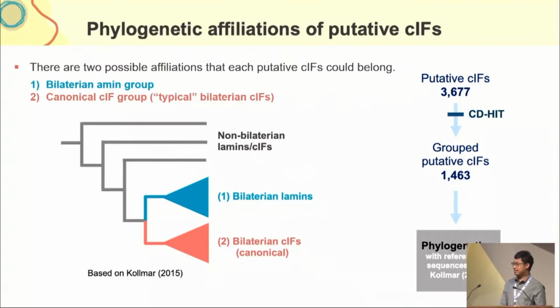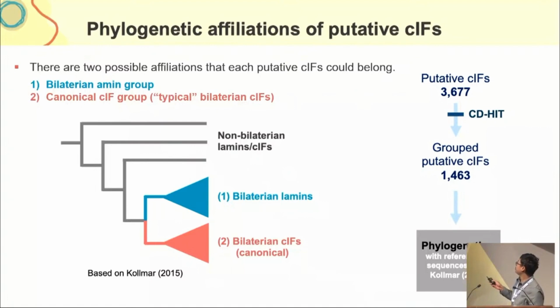On the other hand, if the presence of the cIF is the result of the retention of the ancestral gene, in that case, we should find our putative cIF cluster within the same clade as those cIF from the other bilaterian, and this is our expectation.